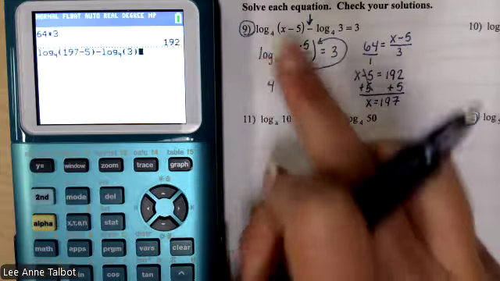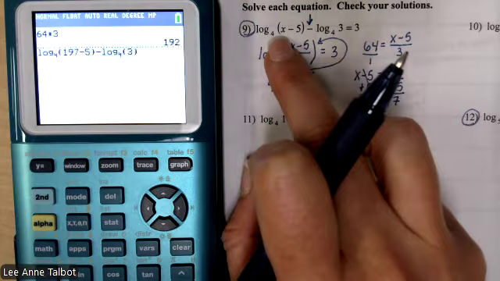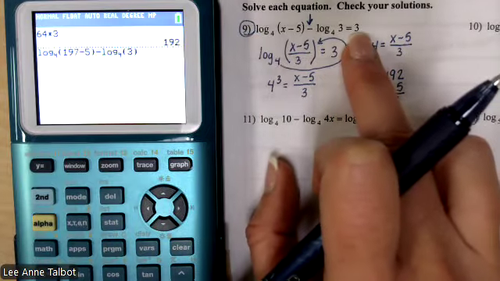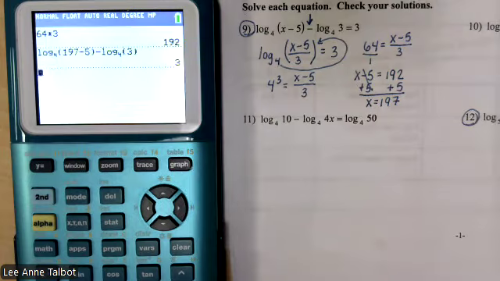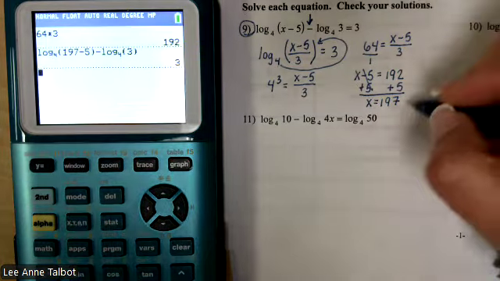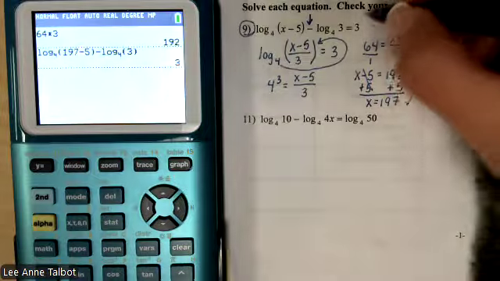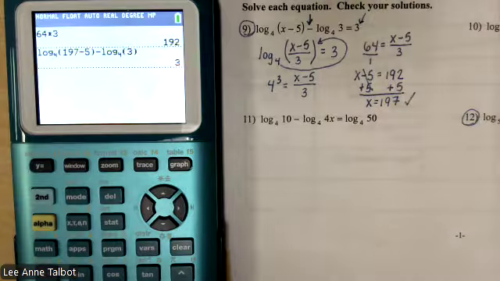Do you see how I put the 197 in for x? And I'm hoping that this side equals 3 because this side is 3. Checked. And equaling 3 because of that 3 right there.